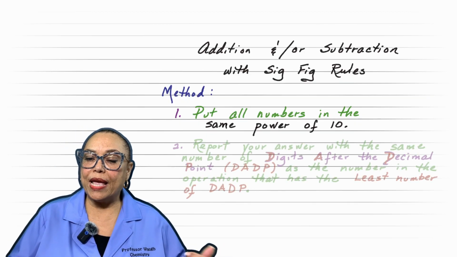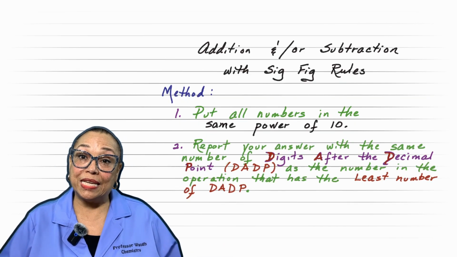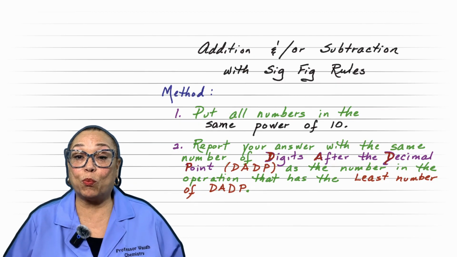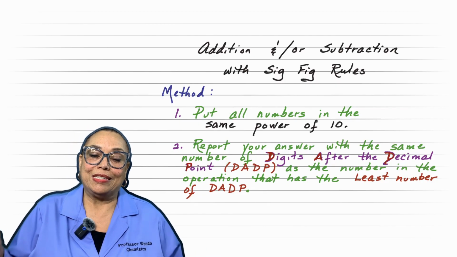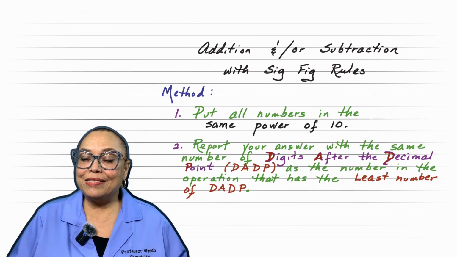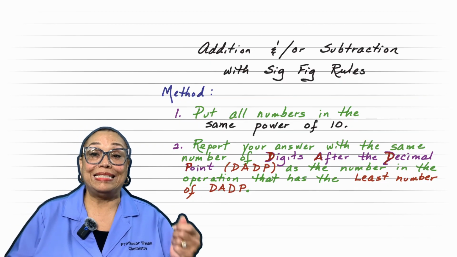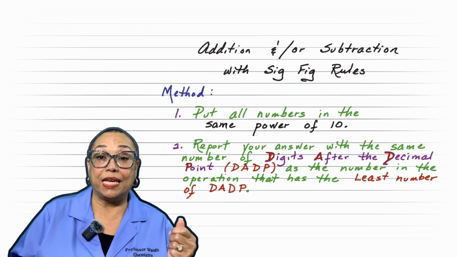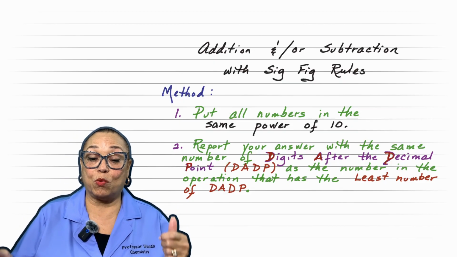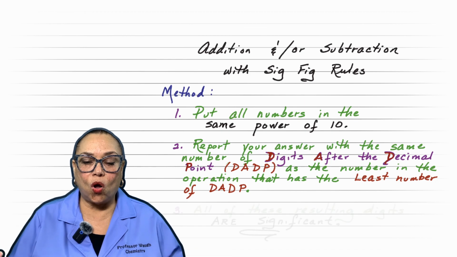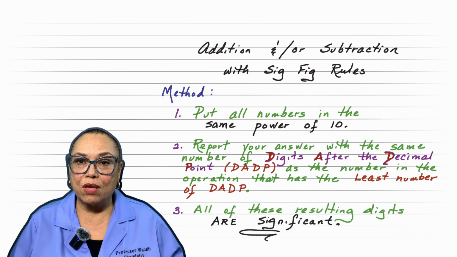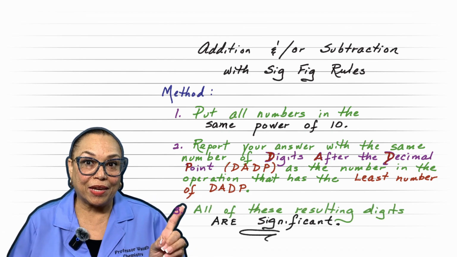So you report your answer with the same number of digits after the decimal point. My students came up with DADP as the number in the operation that has the least number of DADP, digits after the decimal point. Now, all of these resulting digits are significant.